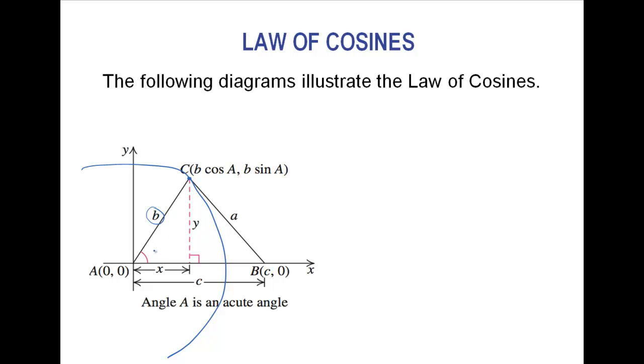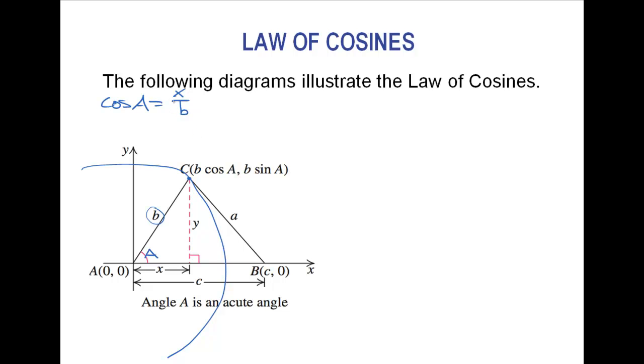So we'll just call this angle A. If we do cosine of angle A, well, cosine, remember, is the ratio of this distance divided by that distance. So it's going to be x over b.